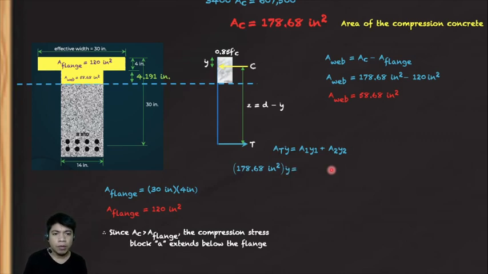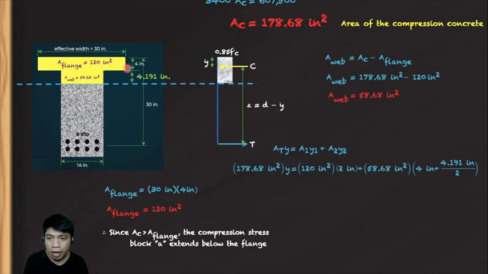Okay, so let's substitute that, guys. Of course, A sub T is 178.68 because that is the area of the compression concrete. Then multiplied by bar sub y equals A1, of course, is 120, that is the area of the flange, multiplied by 2 inches. Y1 is 2 inches because that is the location of the centroid from the extreme compression fiber, since the thickness of our flange is 4 inches.